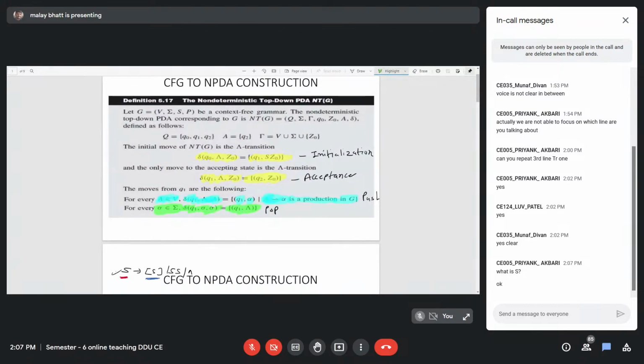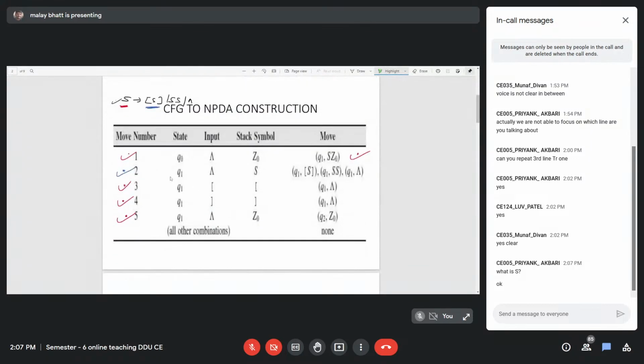So now let us apply these two steps. Then we'll understand the important rules. Here you can see we have the grammar: S gives within bracket S, or SS, or null. As per rule 1, it is Q0 null Z0, and we write Q1 SZ0.